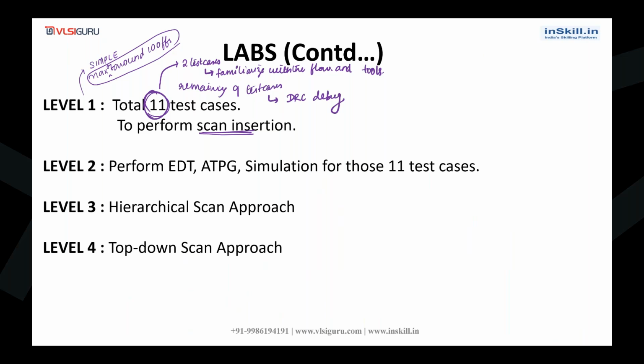How to analyze and debug those DRC violations will be covered during the nine test cases. Each test case will have a different DRC violation, so how to analyze it and how to fix it is what will be covered in the remaining nine test cases.